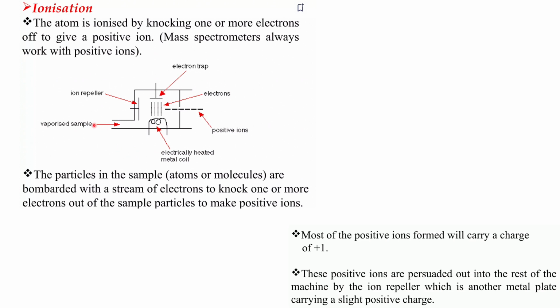The vaporized sample is passed through this inlet and is bombarded with a beam of electrons, and the positive ions are emitted. They do not go this way because of the ion repeller, which is also positively charged. Because like charges repel each other, the positive ions are repelled in the opposite direction, and hence they move out of this chamber to the next part of the instrument.